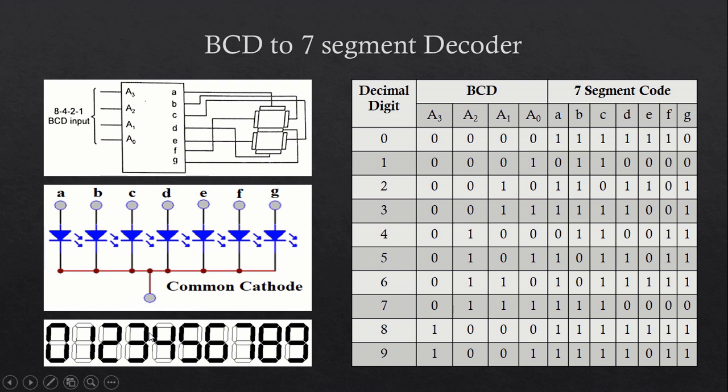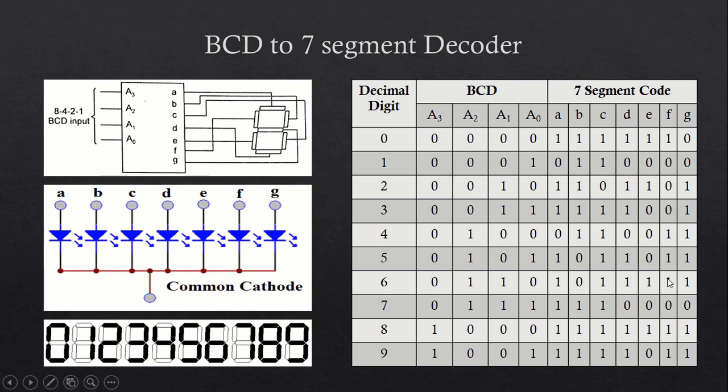F, G, B, C should be 1 for 4. A, F, G, C, D should be 1 for 5. A, F, E, D, C, G should be 1 for 6.